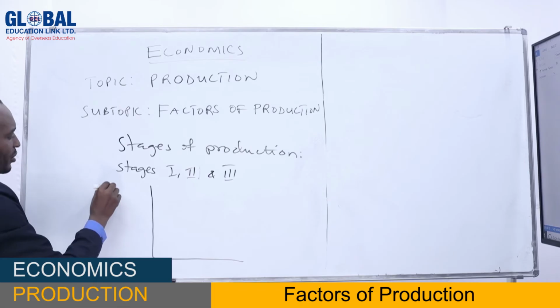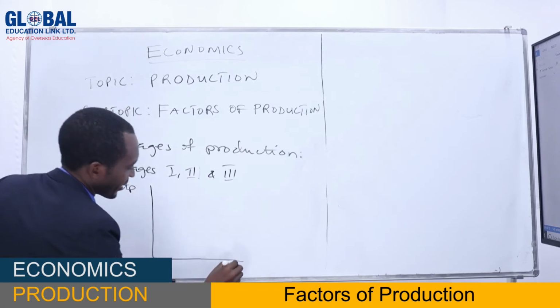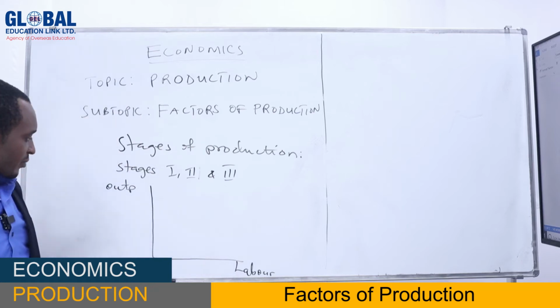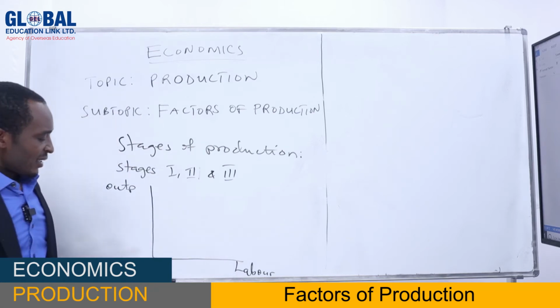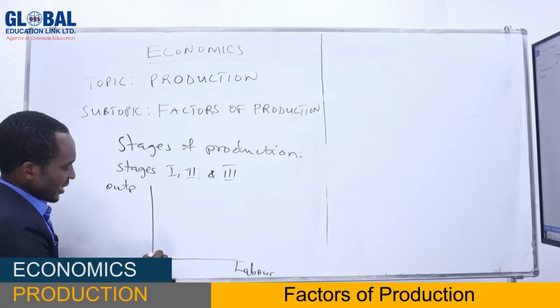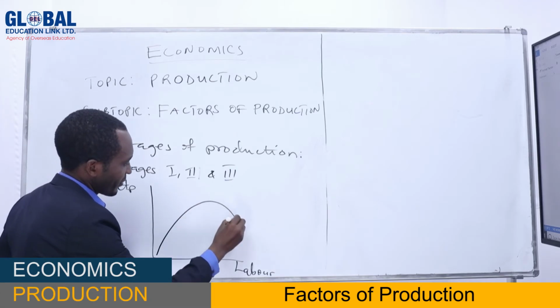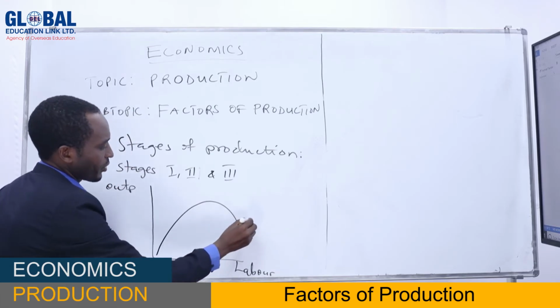Here is the output, and here is labor. Also, we know that the total production curve is in this form. This is the total product curve.